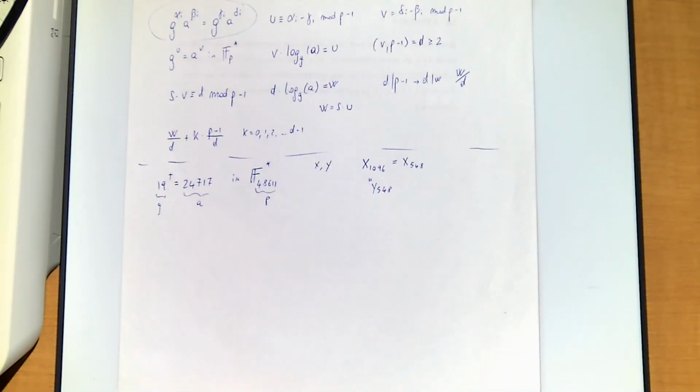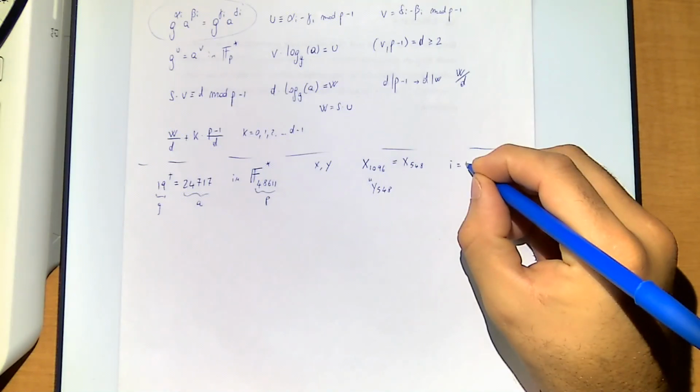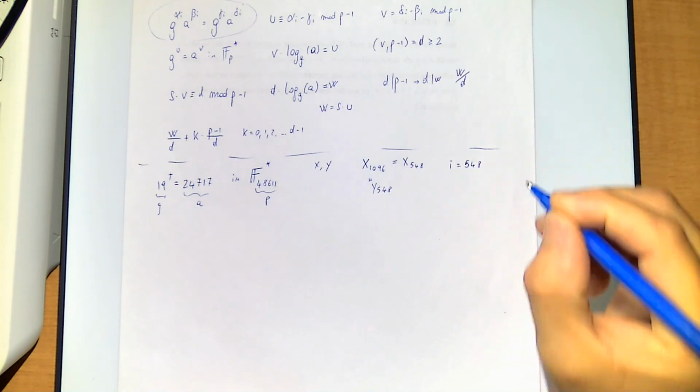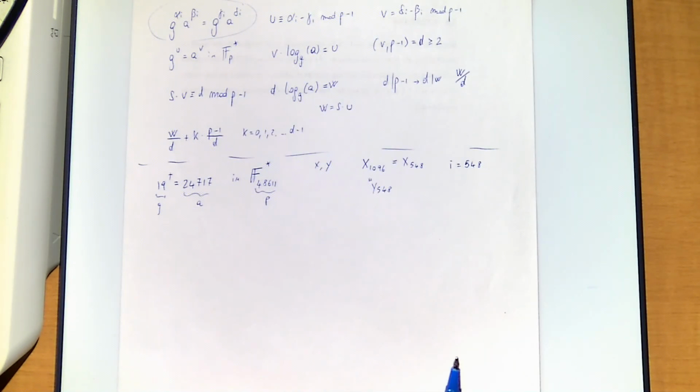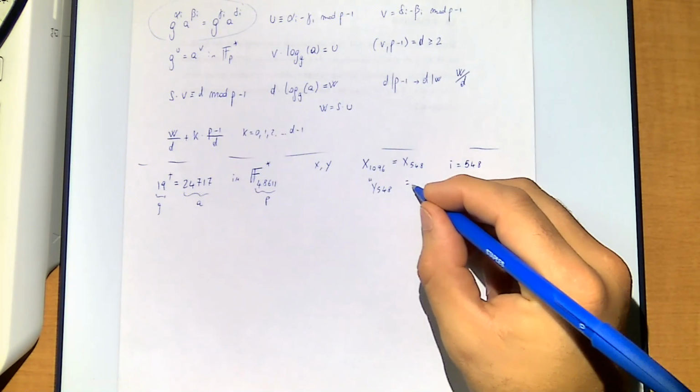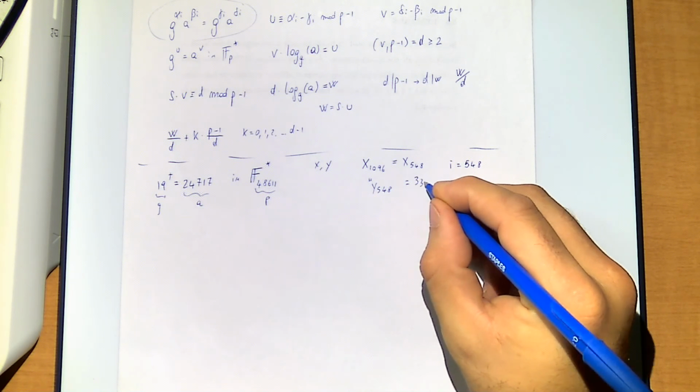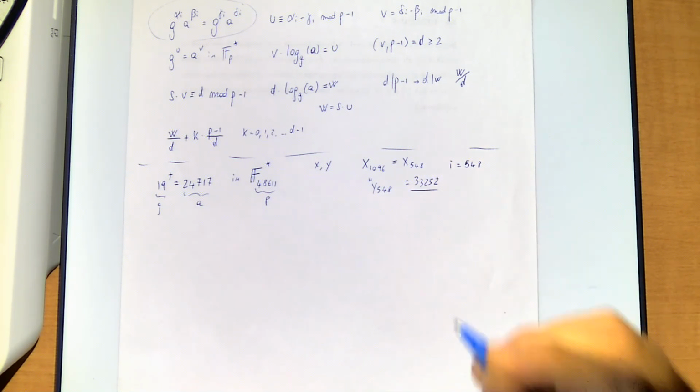So it's x double that. So that's my I. And that's x2i, which is yi. Okay? And now, yes, they are both equal to 33252. Bang, I found my collision.